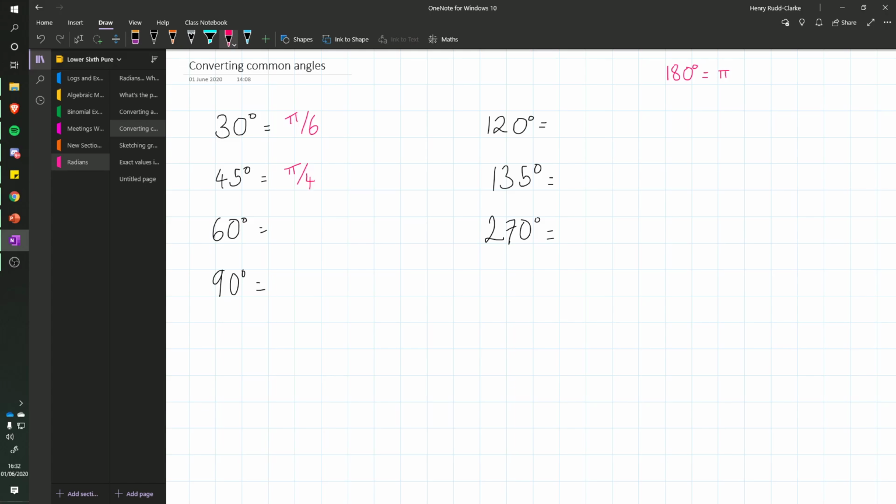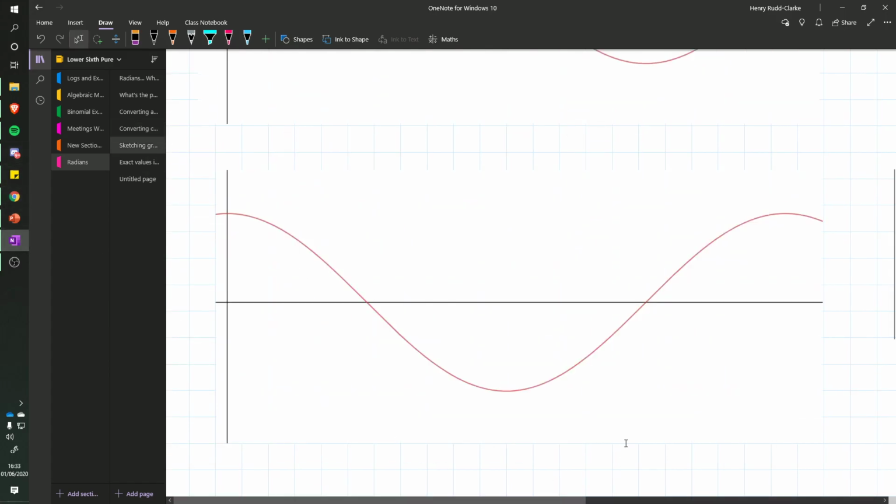There we go. 60 degrees is pi over 3. 90 degrees is pi over 2, because 180 degrees is pi. 120 degrees is 2 pi over 3 because it's 2 times the 60. 135 degrees, we saw that one already, it's 3/4 pi, and 270 degrees is 3 over 2 pi. So that's the exact same ones we worked out on the previous page.